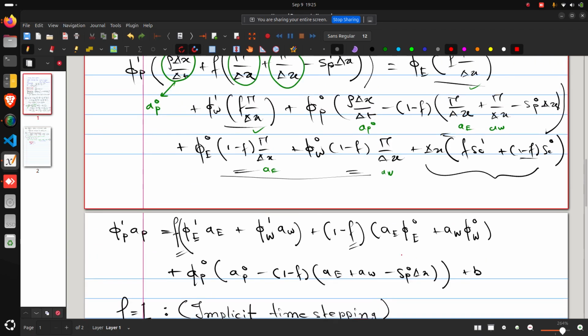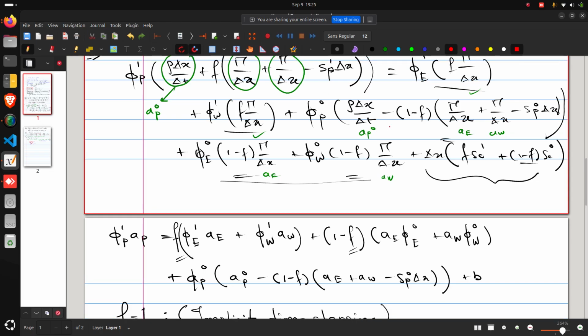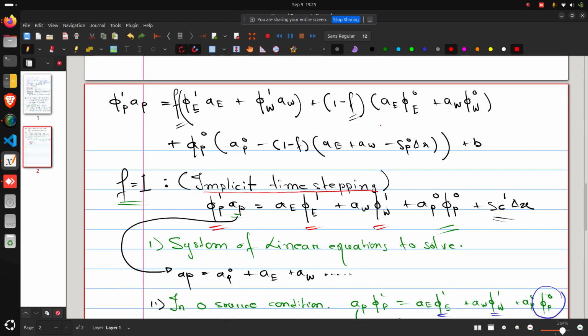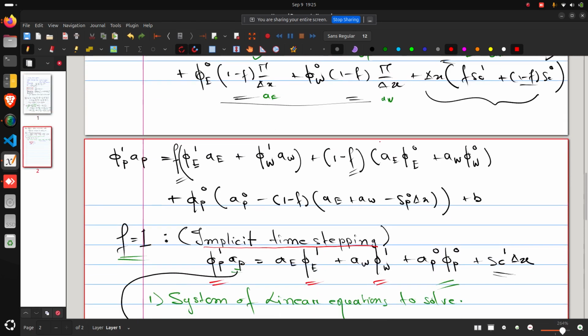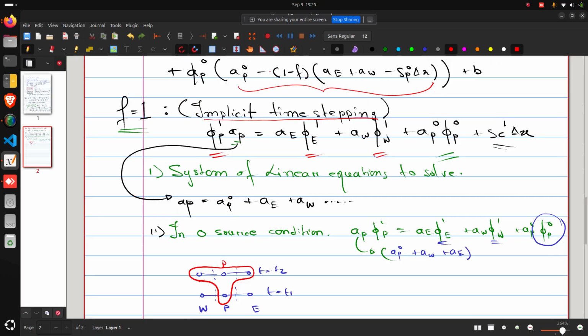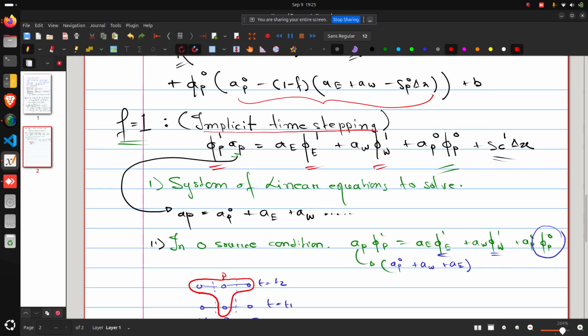And also if you look at the coefficient of AP naught, phi naught, this has a minus sign also, right?